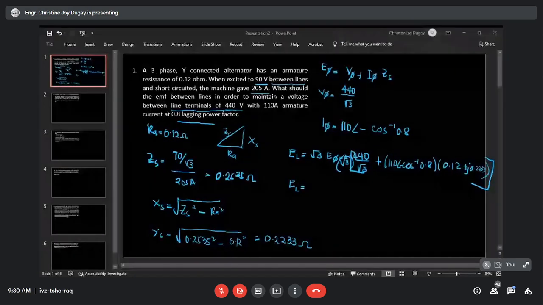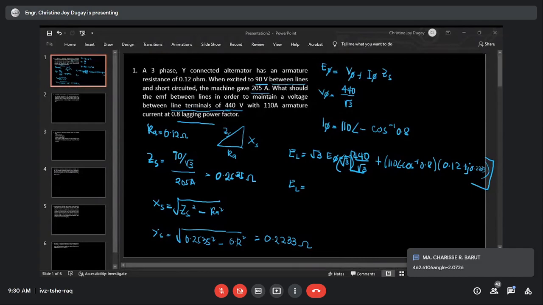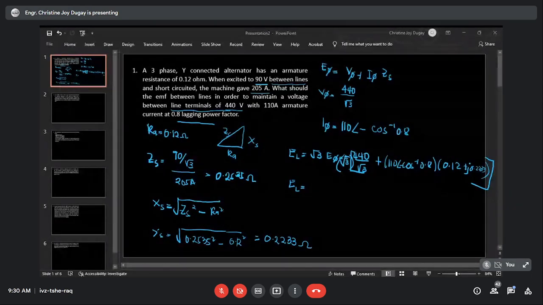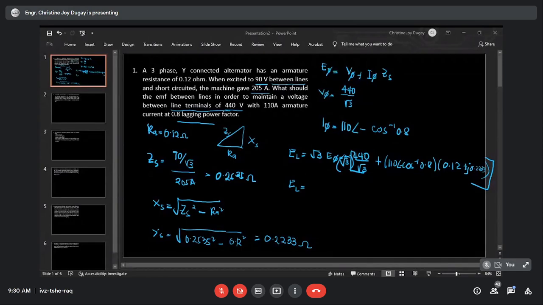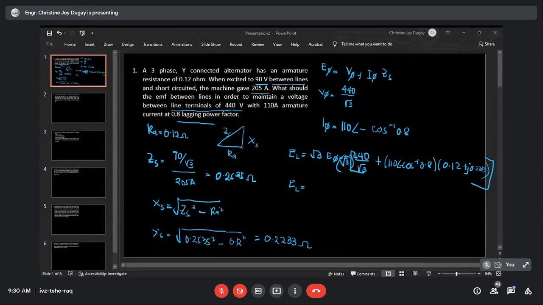Ayan, so let's continue. Corpus Cyril. Ayan, sabi ni Miss Charis, 462.61 angle of negative 2.076. How about the others? What is the value of our E-line? Or do you agree with Miss Larut?